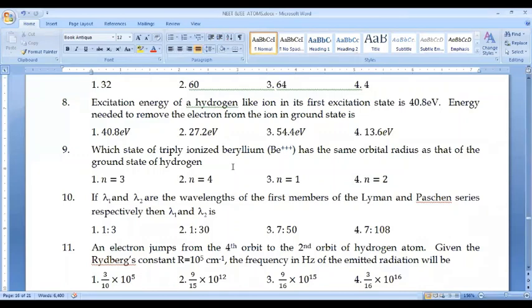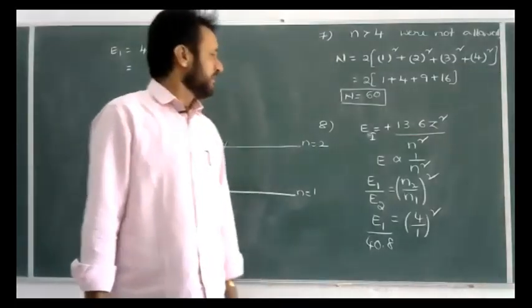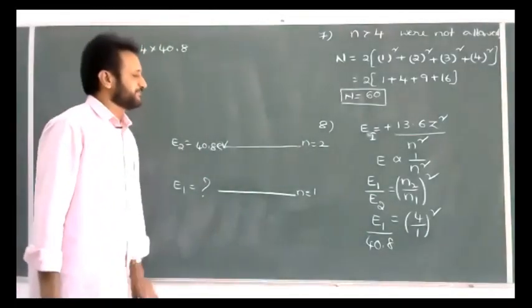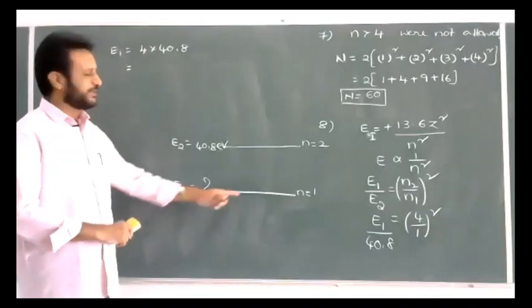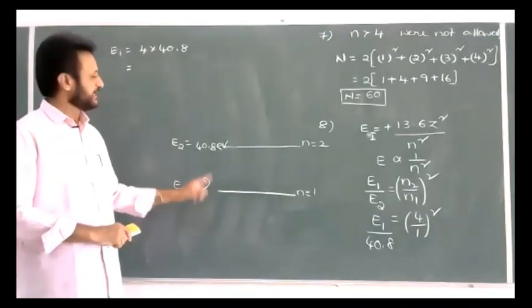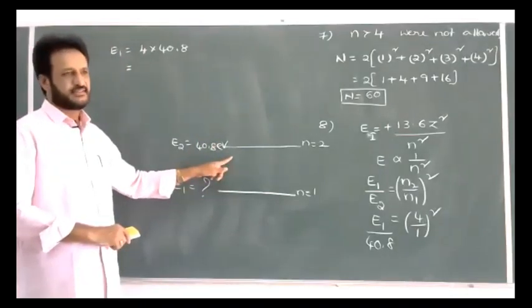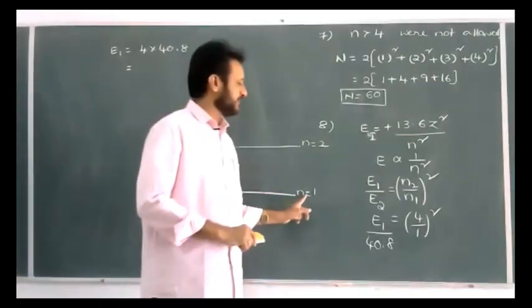Are we getting the answer or not? Or I'll calculate. E1 is equal to 4 into 40.8, multiply this value. E1 value we don't know, we should calculate, but E2 is already given as 40.8. Here N1 is equal to 1, N2 is equal to 2.